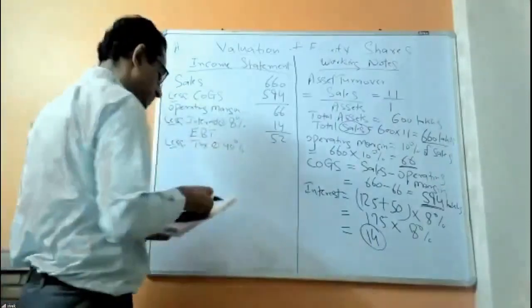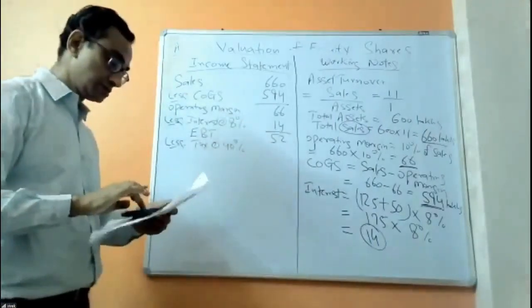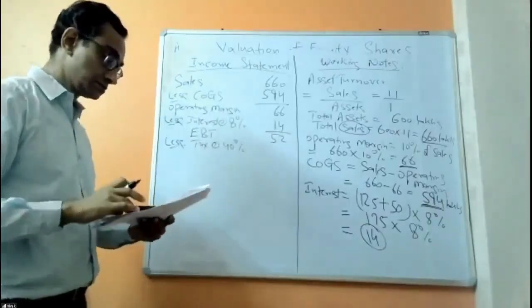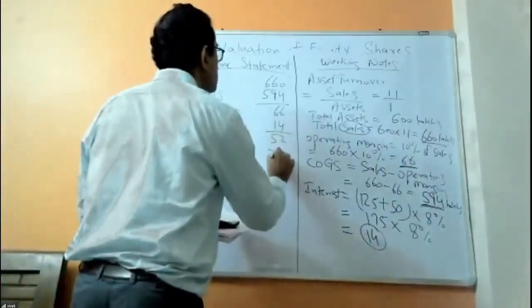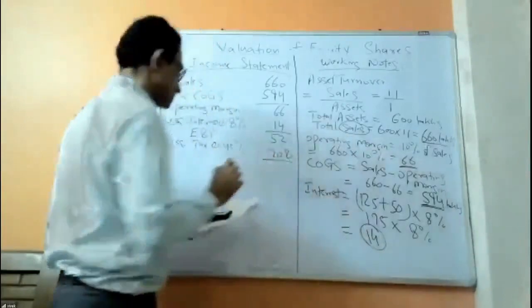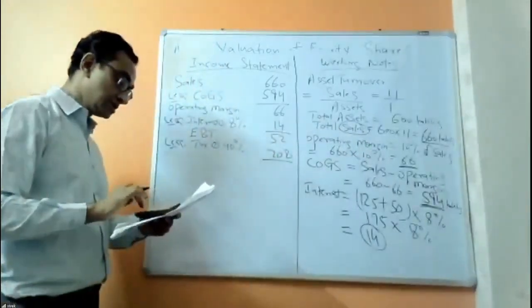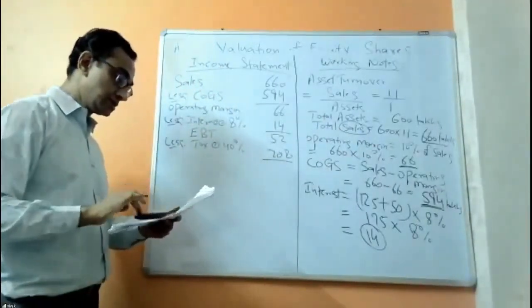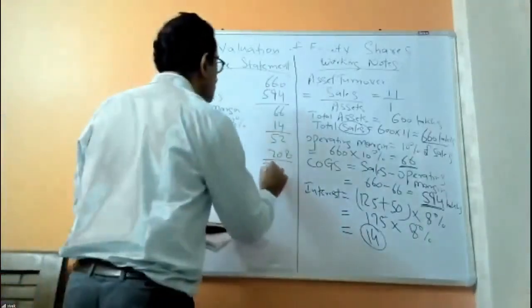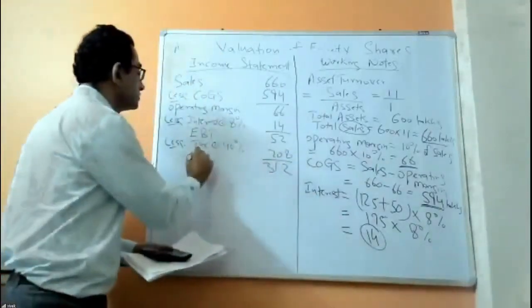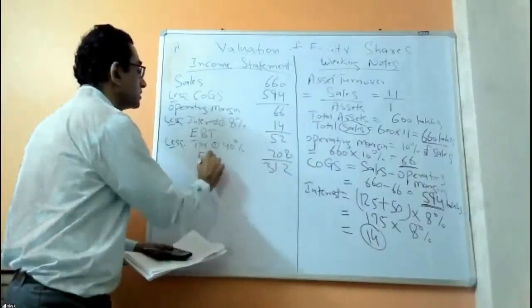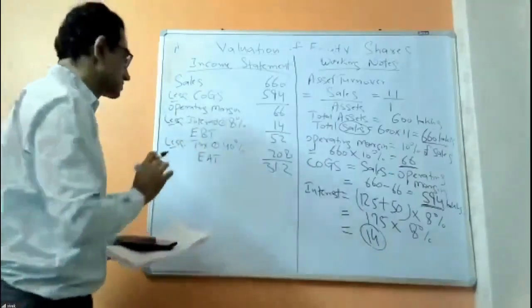So 52 into 40% is 20.8. So 52 minus 20.8, it is 31.2. So 31.2 is the earning after tax.